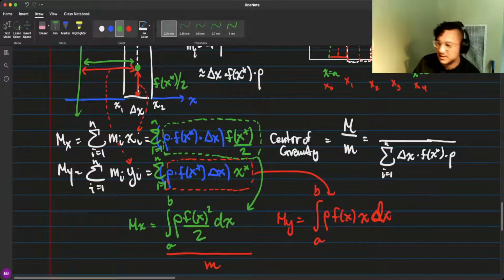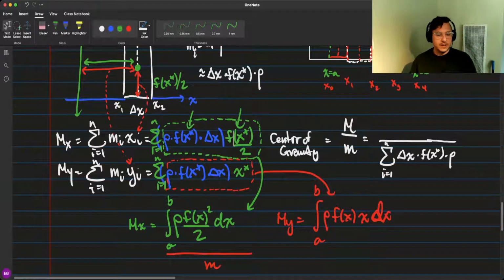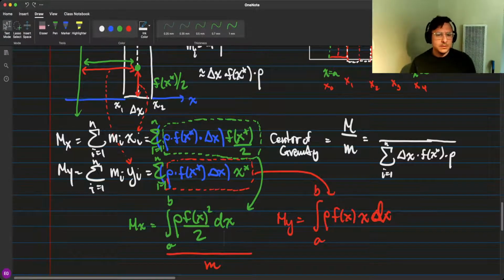I had an extra f of x there. There should only be two, one from right here, one from right here. There was a copying error on my part. So the other one is correct: your rho, your f of x, your x, and your dx.